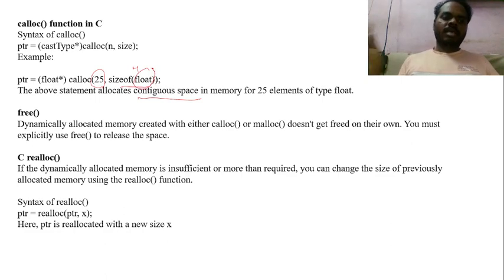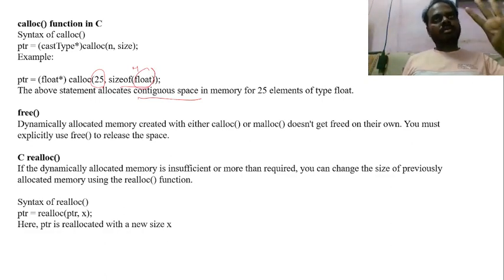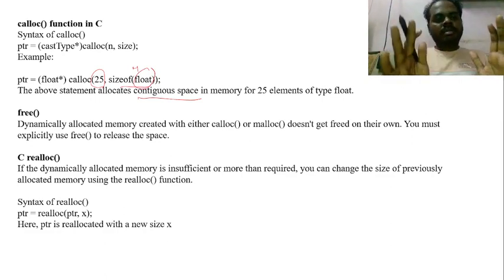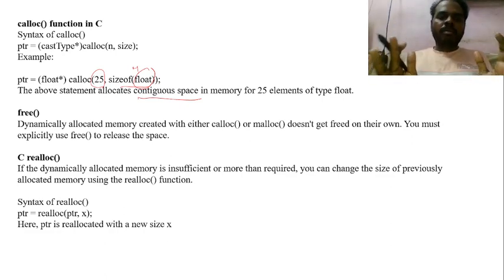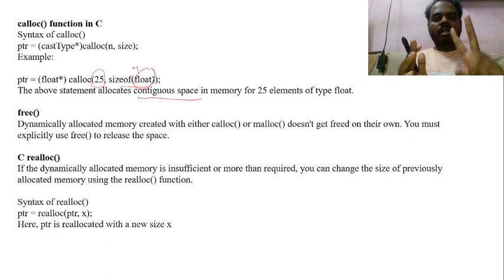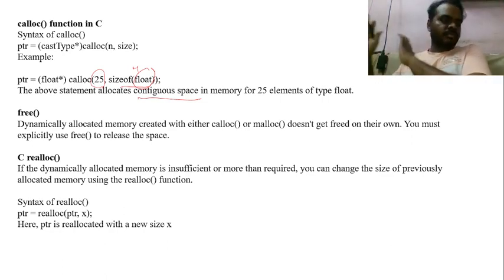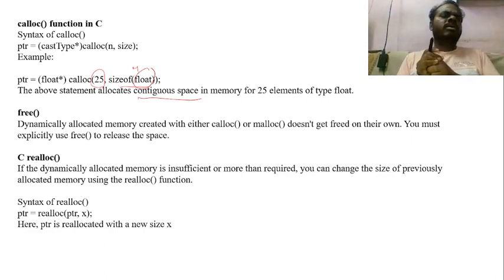In malloc, the 400 bytes will be allocated in a single block, not multiple blocks, whereas in calloc it will allocate memory as multiple blocks. Multiple blocks means 25 elements, each allocated in a separate space of memory. This is all about the calloc function.